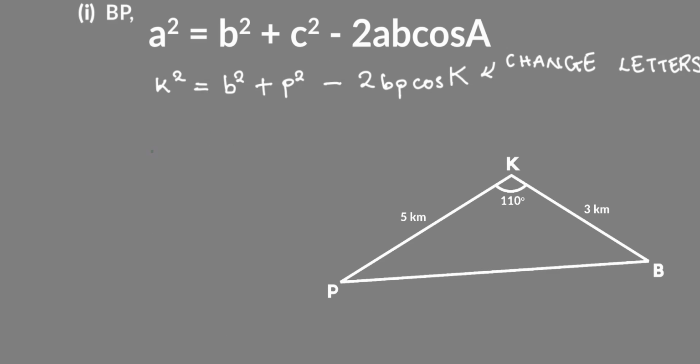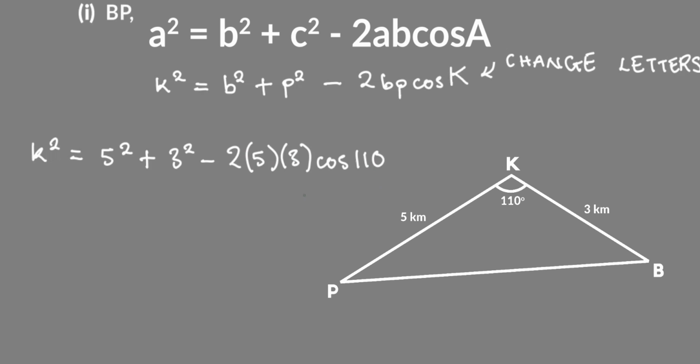If we look in our diagram, now we know that k squared is going to be equal to b squared. B is 5, while p is 3. We have a 5, a 3, and cos 110.